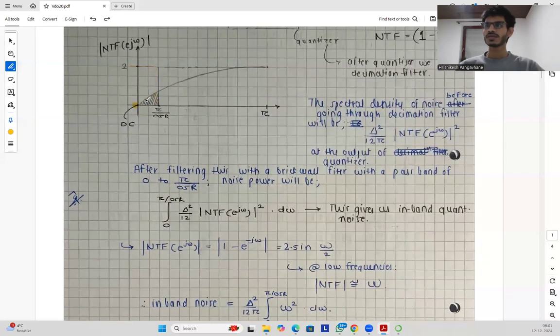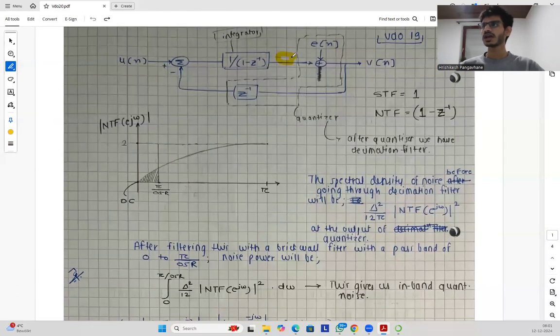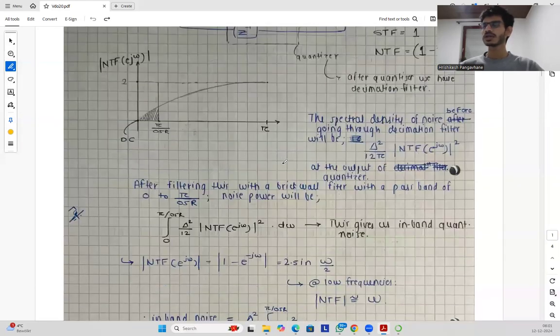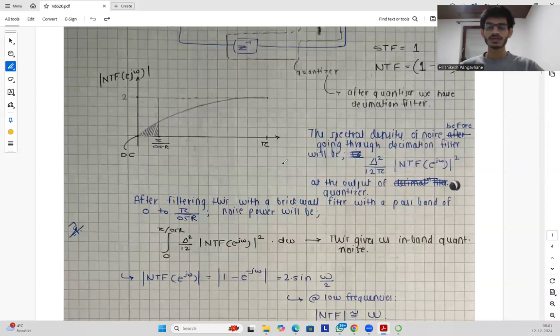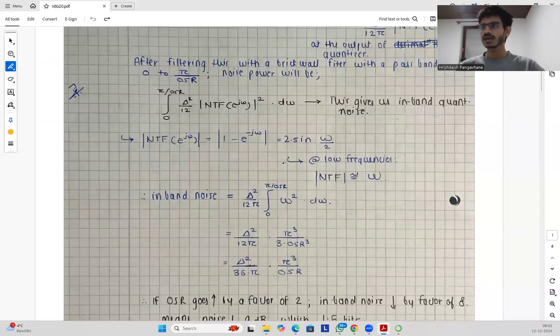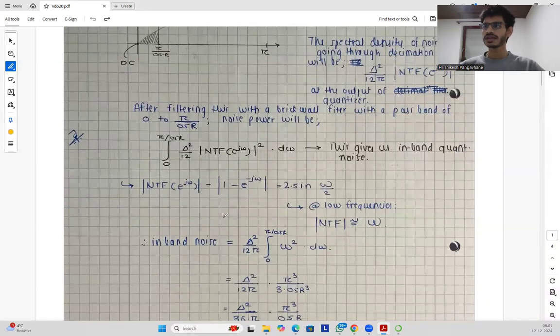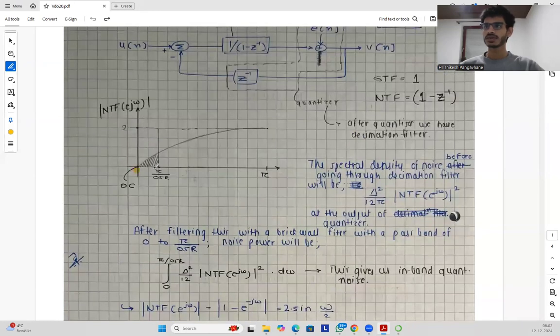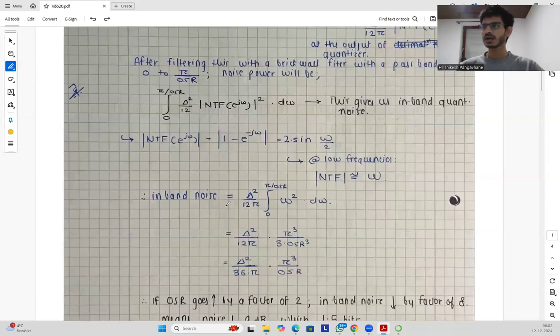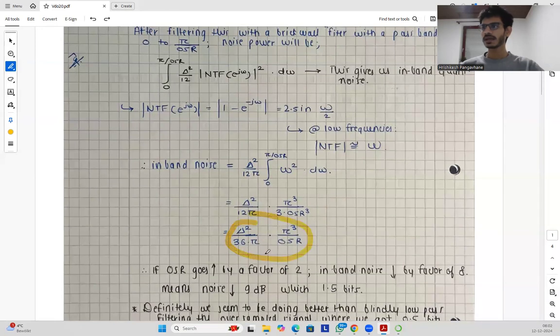When we integrate the in-band noise from 0 to pi by OSR, we got delta square by 36 pi times pi cube by OSR.